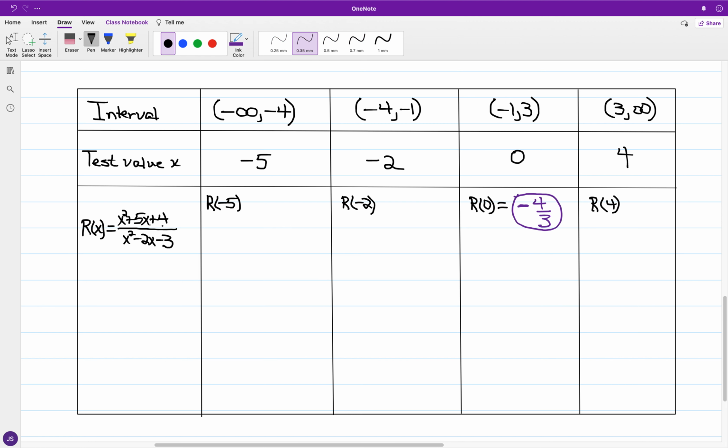Now for r of negative 5, so in the development, we're going to have the square of negative 5, and I have plus 5 times negative 5, plus 4.